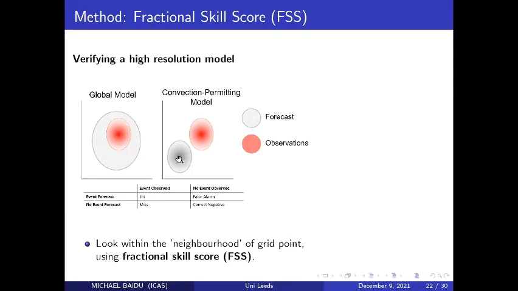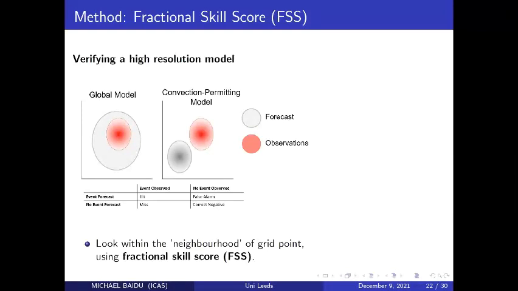Sometimes a small perturbation in the initial condition can result in these inaccuracies, and that's the reason why some people are exploring ensemble systems. So if you do a point-to-point verification, you're going to get a miss for this storm, and the convection permitting model is also going to get a false alarm over this region. That is what we call the double penalty problem.